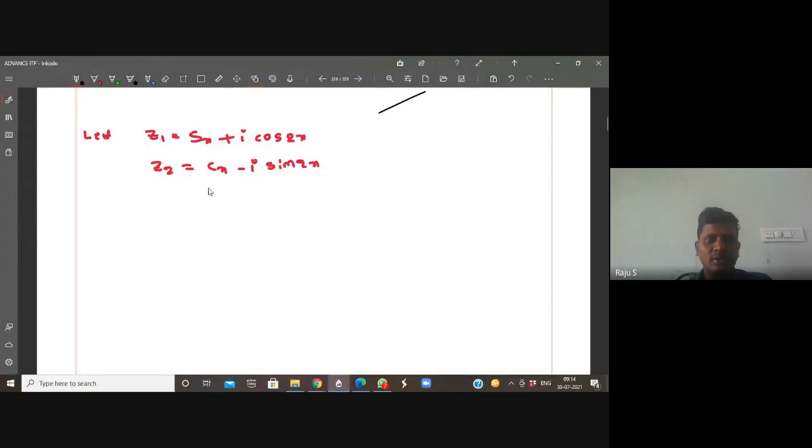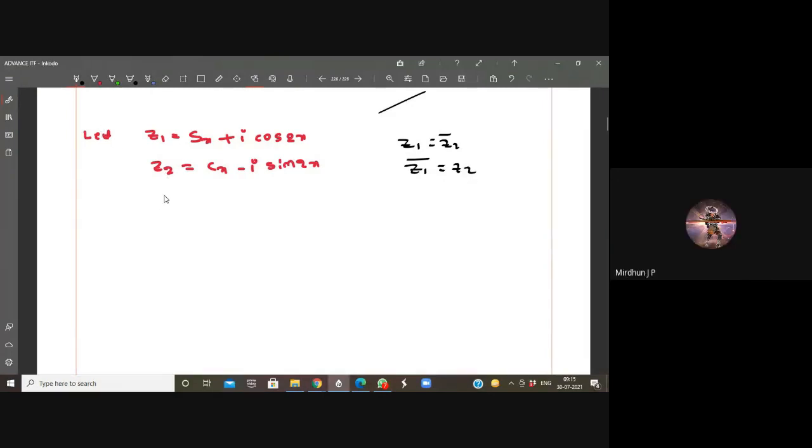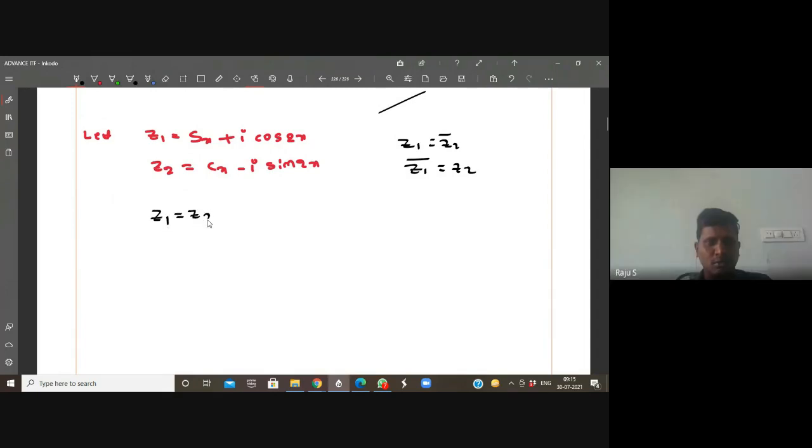Okay, right. So these two, Z1 and Z2, are conjugate to each other. So what shall we take, whether Z1 is equal to Z2 conjugate or Z1 conjugate is equal to Z2? Sir, we can take Z1 is equal to Z2 conjugate. Okay.